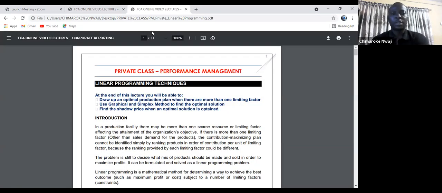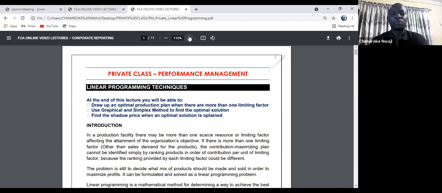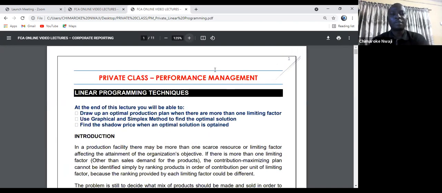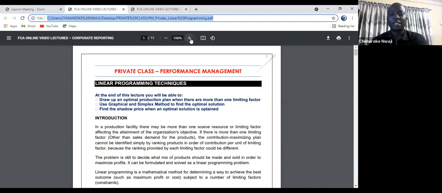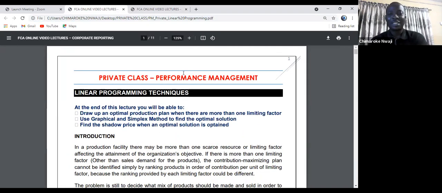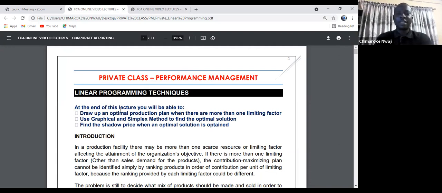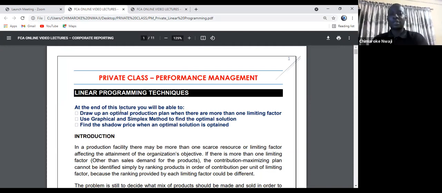Okay, so I would like you to go to the chat room and verify that you can see me and you can see my screen. That's my write-up. If you can verify that, I'll be very glad. So can someone do that for us now so that we can start?